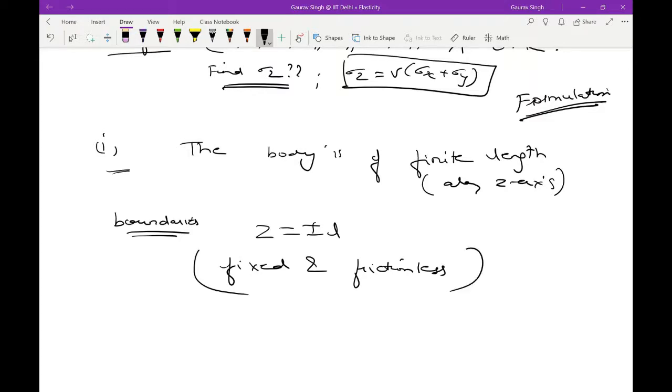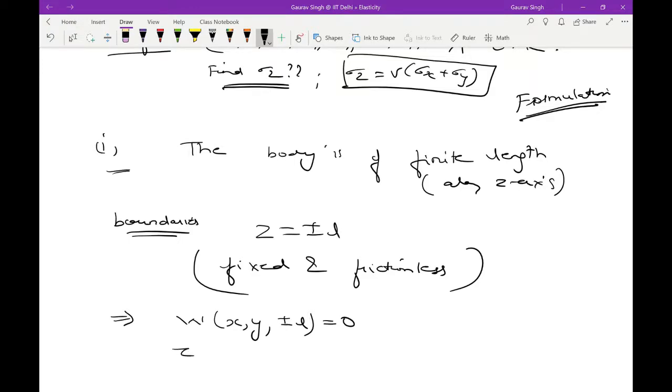It's a finite length which are fixed and frictionless. What does this tell us about the displacements? It tells us that the displacement in the z direction, which is w, at x comma y plus minus L, is actually equal to 0, because it's fixed.